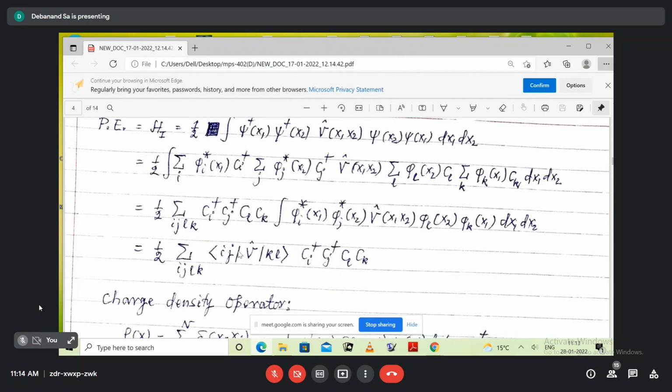And this is going to be something like this: your potential energy operator, the matrix element with respect to the ijkl basis, and then, of course, C2 Dagger and C1 Dagger. So there are 4 fermion operators. So your potential energy looks involved. I'll tell you why this is not very easy to handle. And then you have all this sum with a factor of half. I said your double counting is avoided because I can't put the particle in the same site or same state.